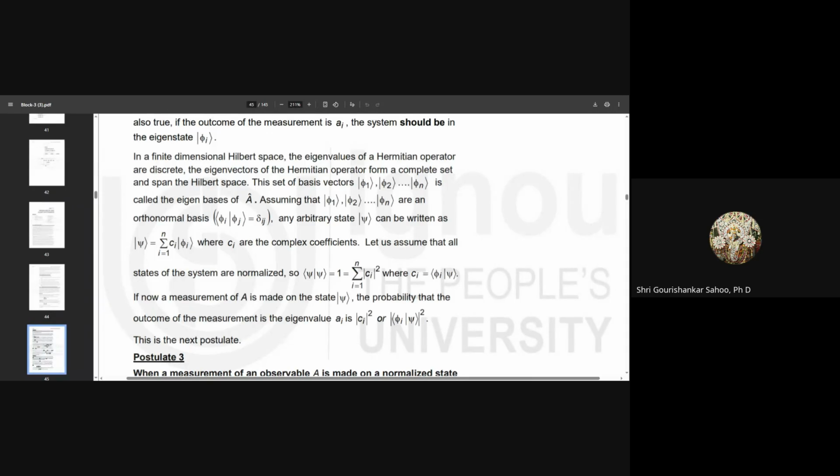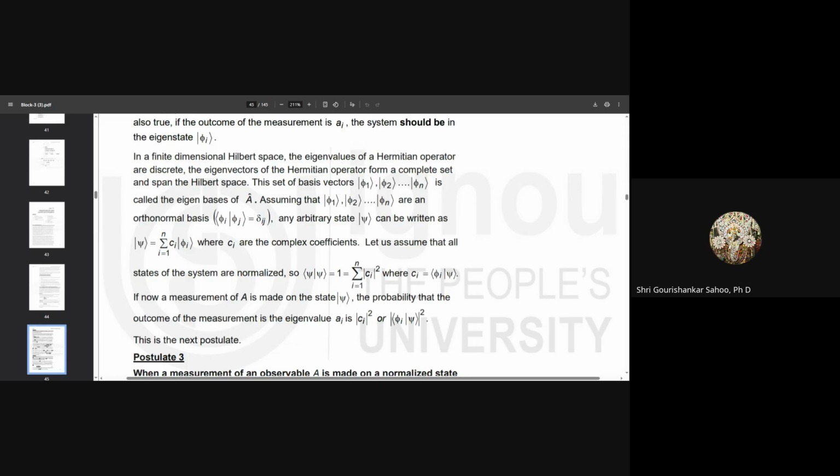If you assume that phi 1, phi 2, up to phi n are an orthonormal basis, that is the inner product of phi i and phi j is nothing but delta ij, where delta ij is the Kronecker delta, then any arbitrary state psi can be written as psi equal to the summation from i equals 1 to n of ci phi i, where ci are the complex coefficients.